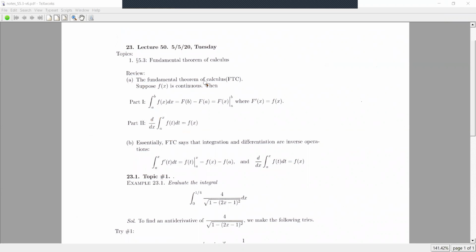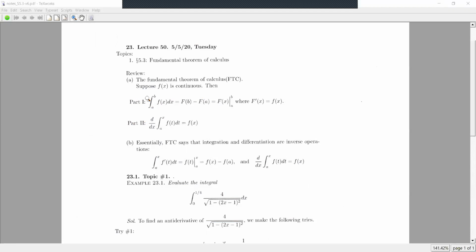The fundamental theorem of calculus has 2 parts, part 1 and part 2. The condition of this theorem is that function f is continuous. If function f is not continuous, we don't have the fundamental theorem of calculus. Now, part 1.